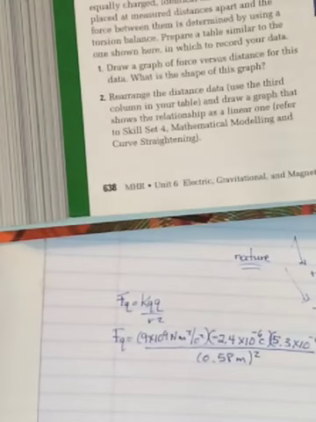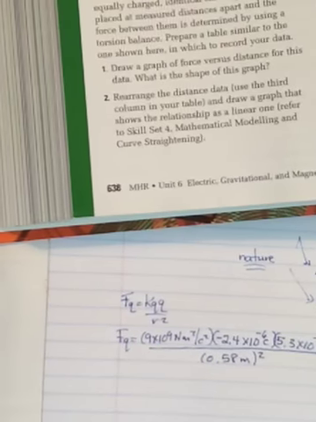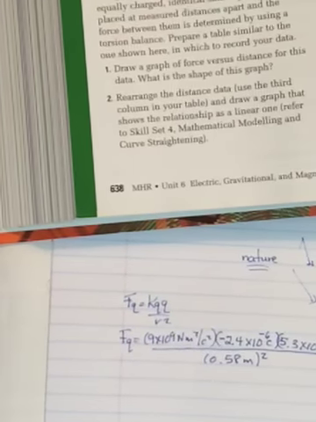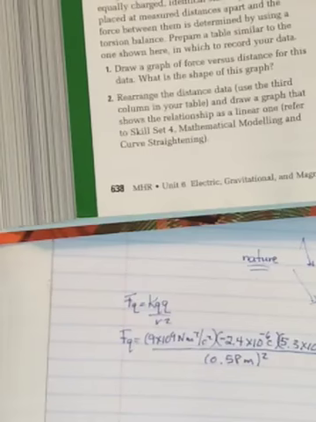I'm going to try that again. 9 to the 9th times 2.4 to the negative 6 times 5.3 to the negative 6 divided by 0.58 squared. Oh, it's my calculator that's dying. That's what the problem is.